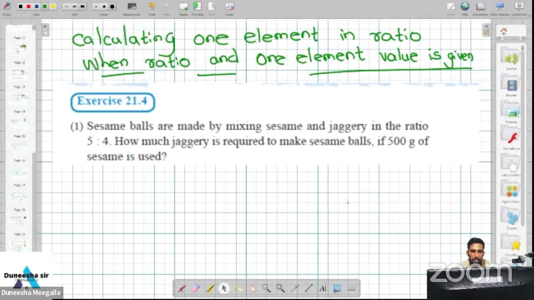Sesame balls are made by mixing sesame and jaggery. In the ratio 5 to 4, how much jaggery is required to make sesame balls if 500 grams of sesame is used? Then what is the ratio between sesame and jaggery?